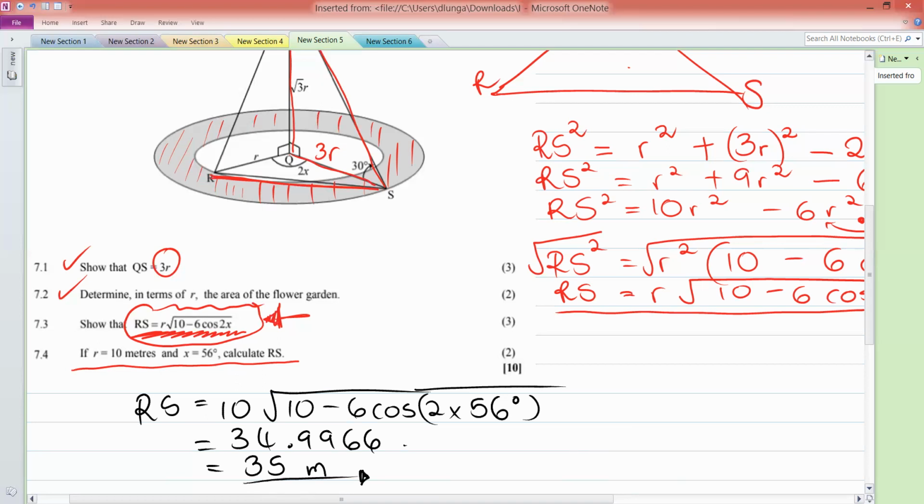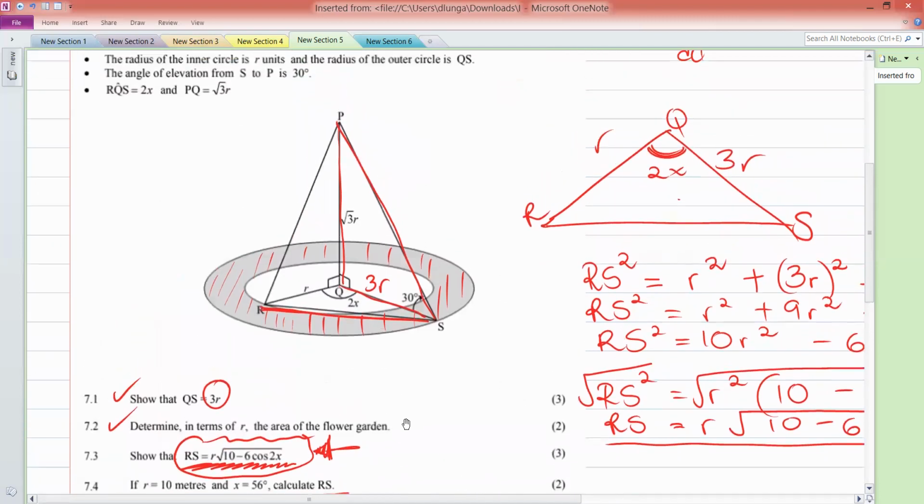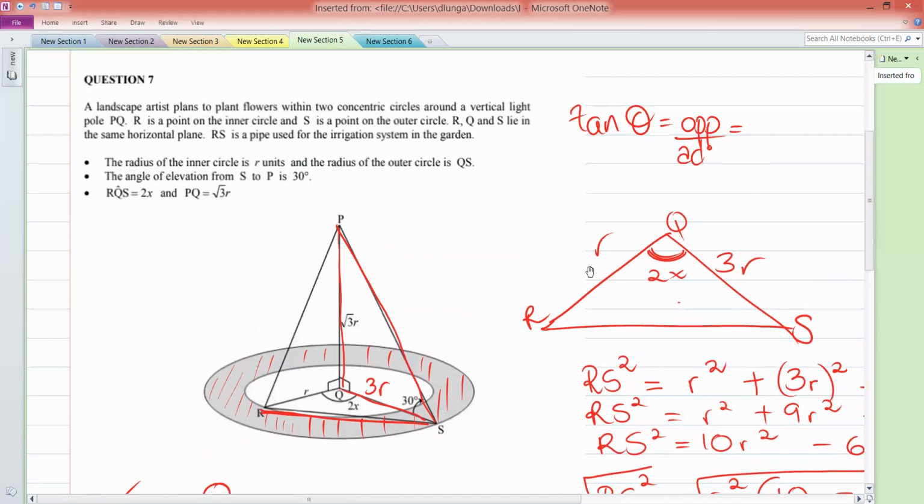Right, any questions? No? Okay. Ma'am, yes? For 7.2, how did you know that you had to minus the big area from the small area? Okay, so the flower garden is the shaded part, right? So if you look at the shaded part, the inner circle, remember they told us that you have two concentric circles here.